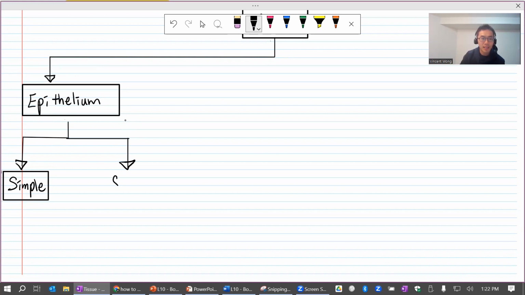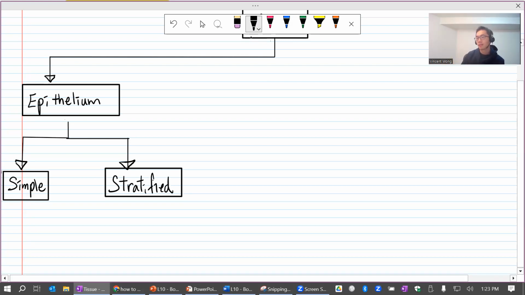Also starts with S. Simple means one layer, right? Stratified. Stratified, that's right. Stratified means multiple layers. Like fossils, right? They found it in the stratified rocks of the Grand Canyon. Stratified, multiple layers.